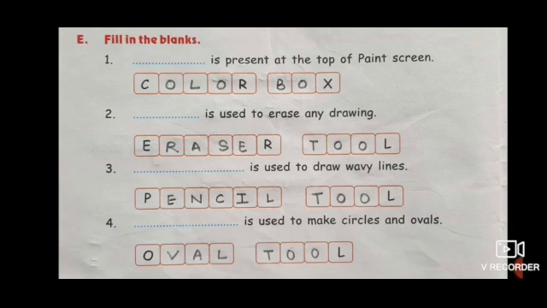E, R, A, S, E, R and T, O, O, L. Eraser tool. Dash is used to draw wavy lines. Pencil tool. P, E, N, C, I, L, T, O, O, L. Pencil tool. Dash is used to make circles and ovals. Oval tool. O, V, A, L, T, O, O, L. Oval tool.